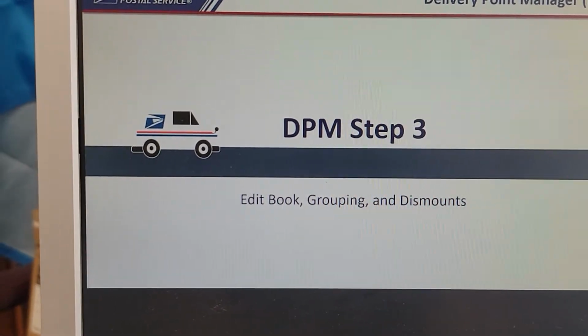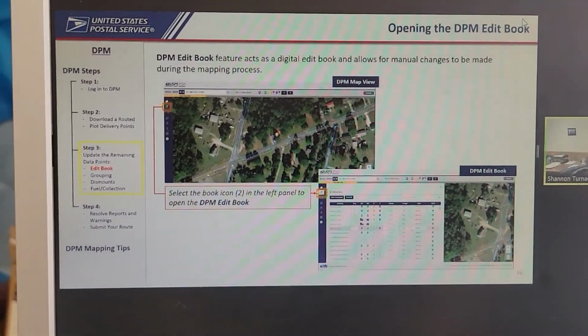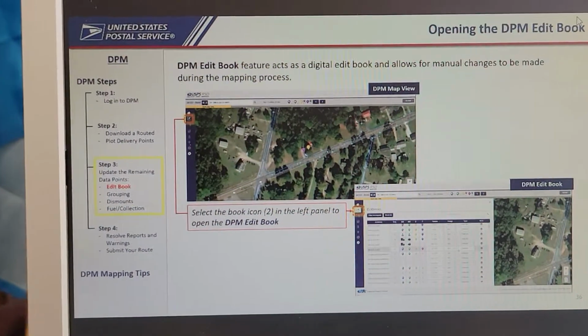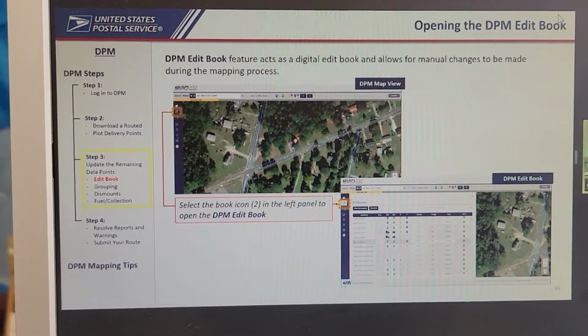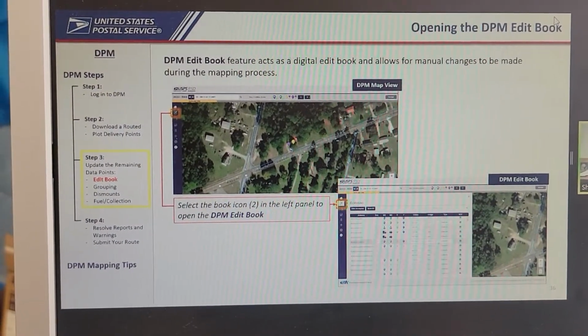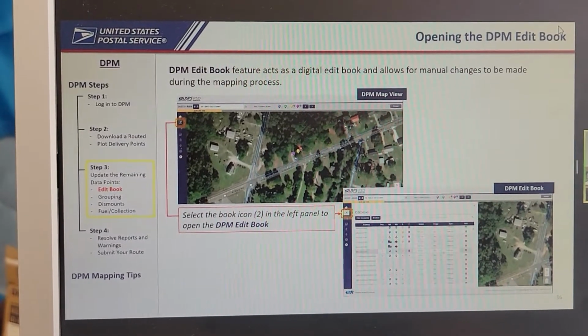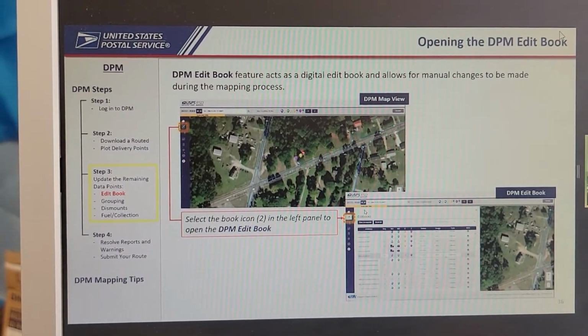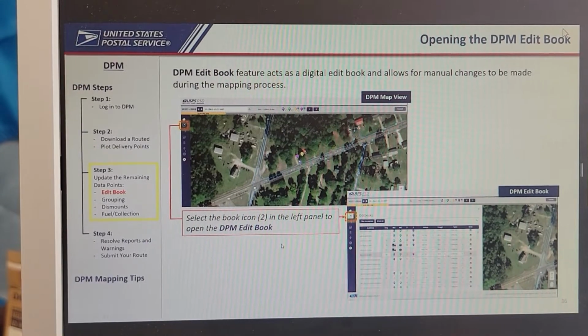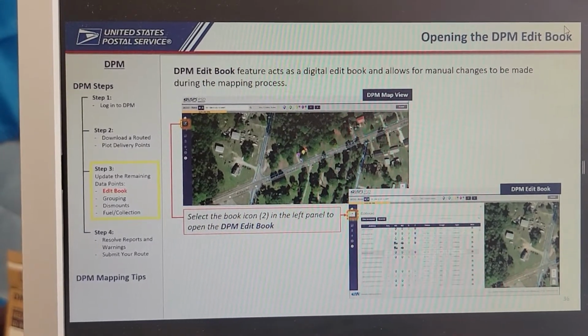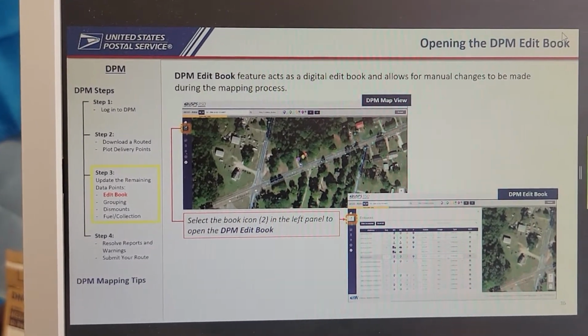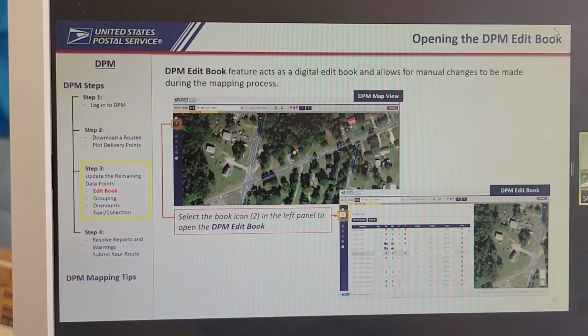Book, grouping, and dismount. So we talked a lot about the red edit book, and how important it is for it to be updated. Well, we also have a digital edit book in the BPM application. And it doesn't look like your red edit book, but it's got the same exact data in the same exact order.